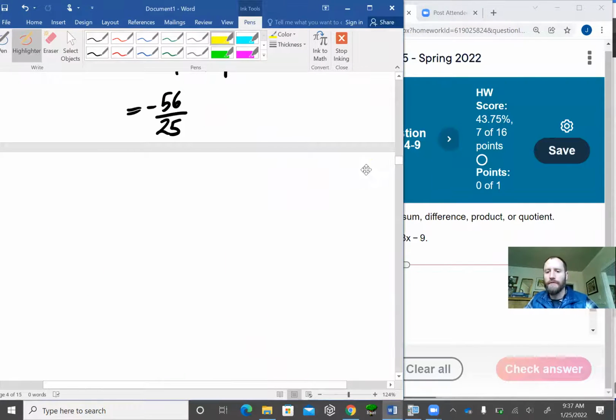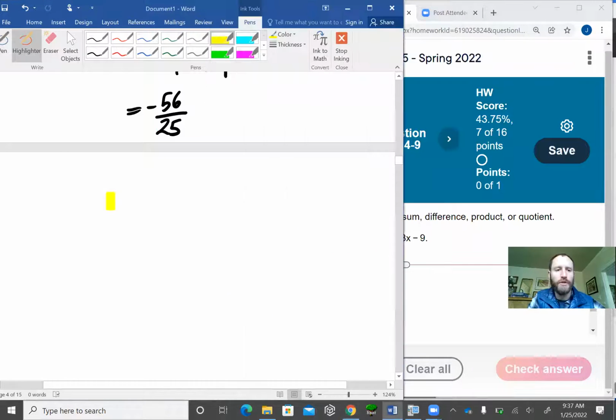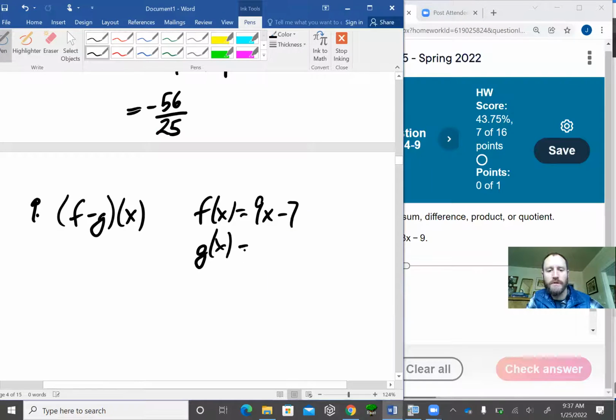I don't think we've done a difference yet when we're just looking for the formula. We're not evaluating the difference at a particular value of x, but we're just looking for the new formula. In this case, f minus g of x, when f is 9x minus 7, and g of x is 3x minus 9.